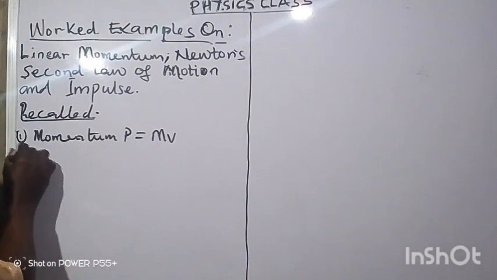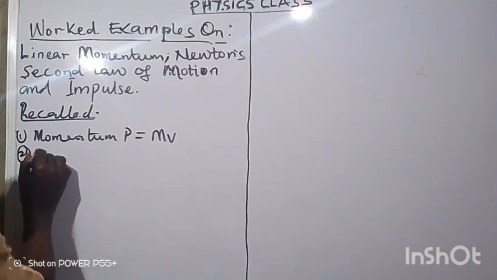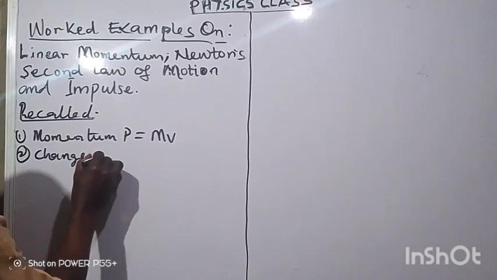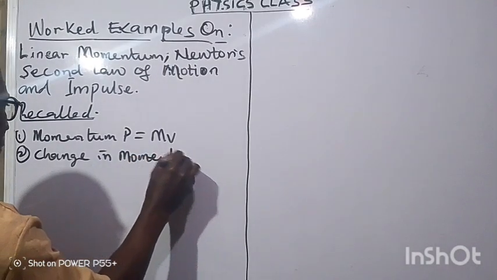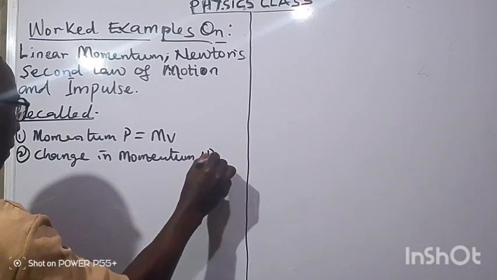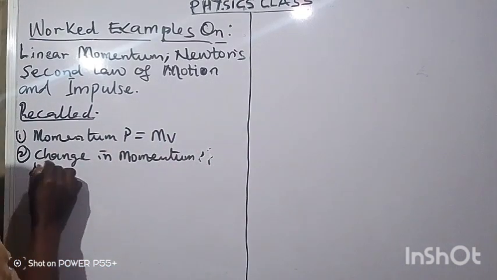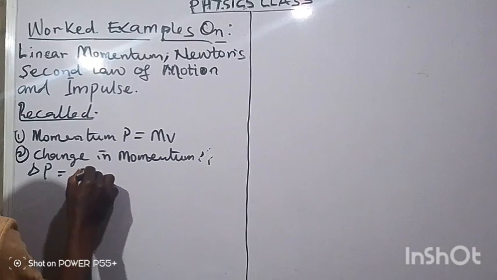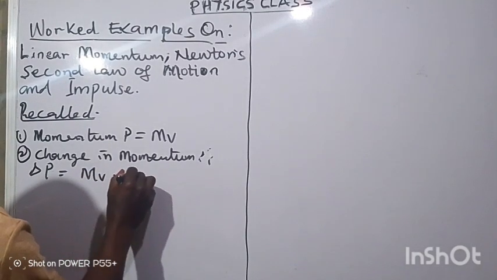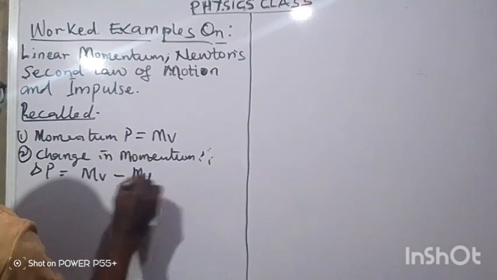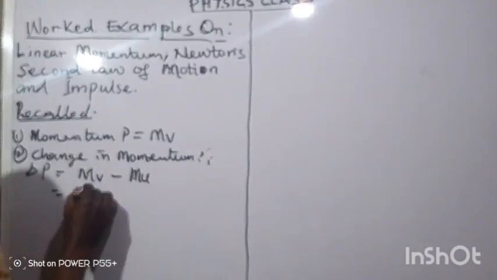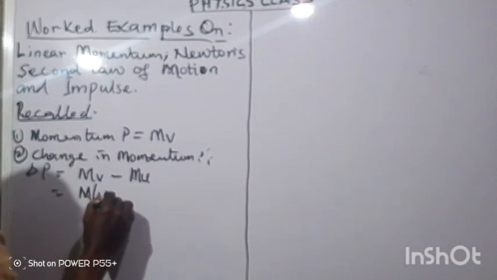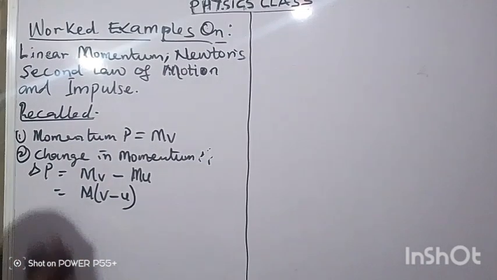At the same time, number two, we talk about change in momentum, that is delta P, which is equal to final momentum minus initial momentum, mv minus mu. Since m is constant, that is m into bracket v minus u. That is change in momentum.